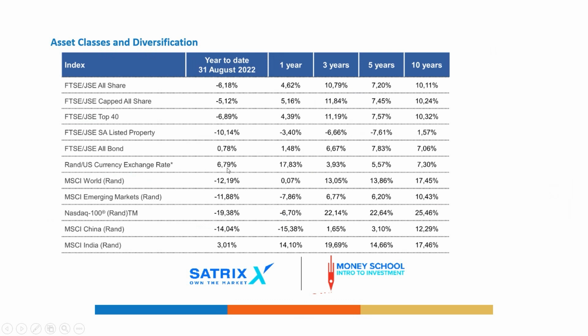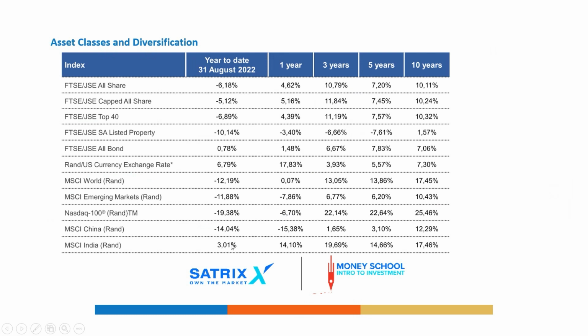The currency weakened, so it was up 7% for the month. And the international equities were down for the month. And if you invested your entire investment in the MSCI China index, you would have been down 14%. Whereas if you invested some of it in the India index, you would have been up 3%.